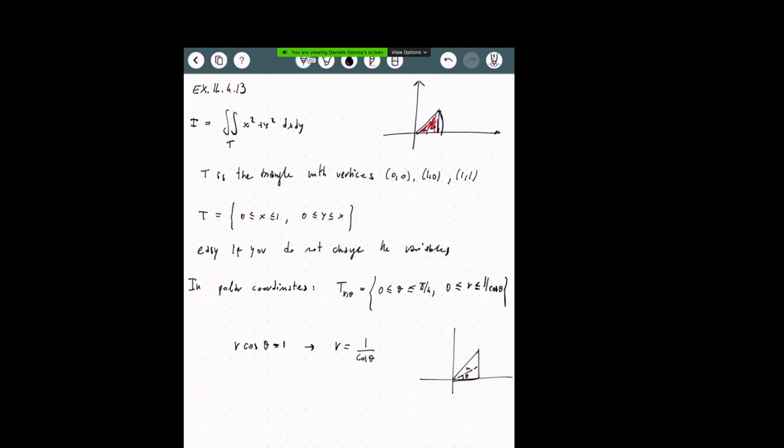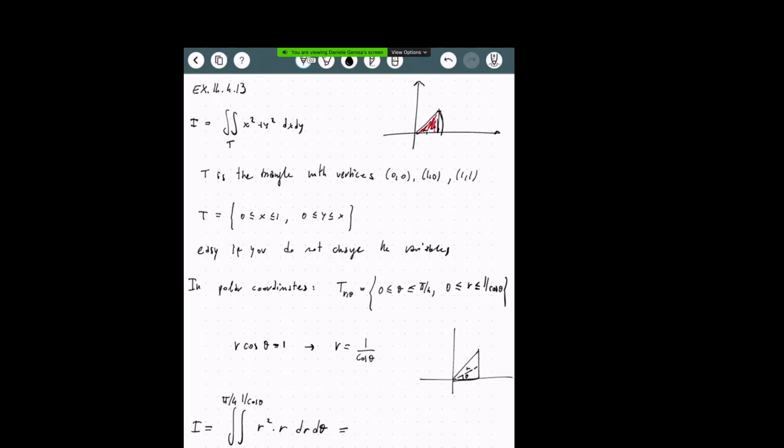So now we have the correct endpoints. We can write that I is equal to the double integral between 0 and pi divided by 4, and then we have 0 and 1 divided by cosine of theta, and then we have r squared times r, which is the Jacobian, d theta. We can integrate in r first.